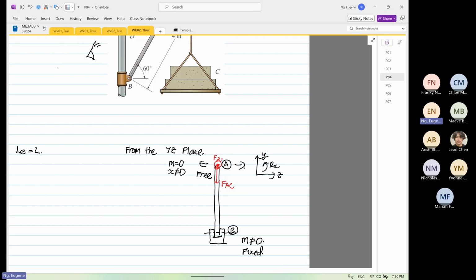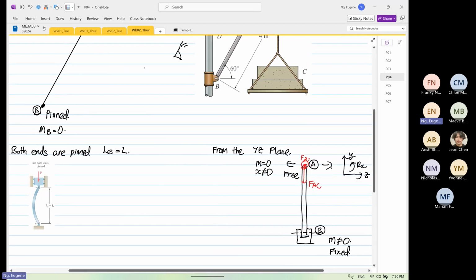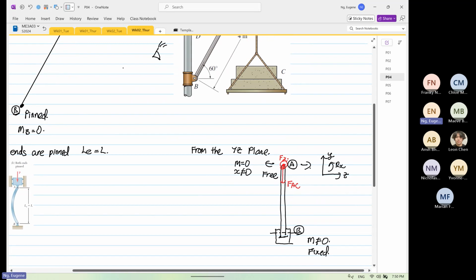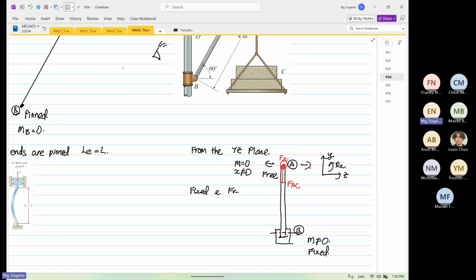So when you look at this, it is as good as free. From the member YZ, by looking at the member YZ, for this case one end is fixed and the other is free.